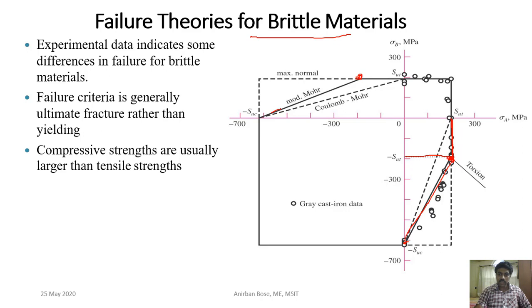In this way the Coulomb Mohr theory is modified, and this is called the modified Mohr theory. If you consider this particular diagram, you see that the actual failure points are quite matching. So the modified theory is quite matching with the actual experimental data.